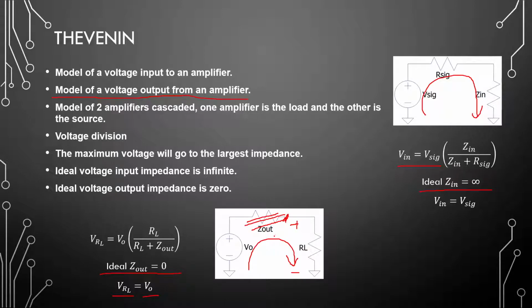That is because the output impedance of a common emitter amplifier is quite high. So we have losses internal to the amplifier, and then the remainder goes to the load. Okay, so a common emitter is not the ideal voltage amplifier.